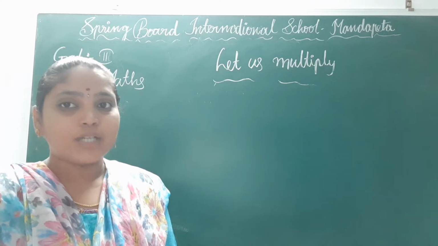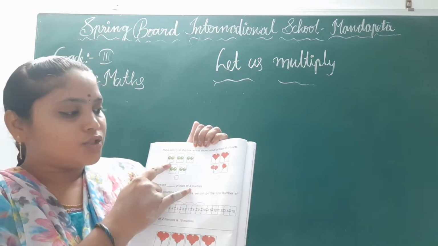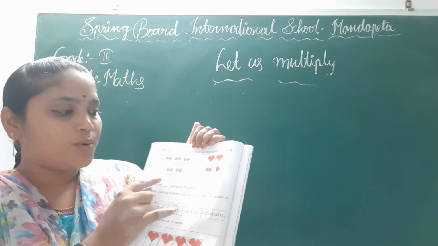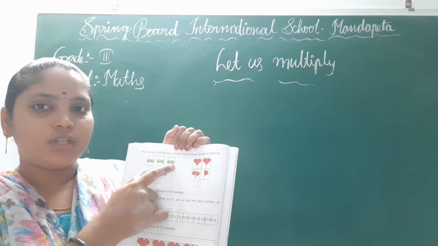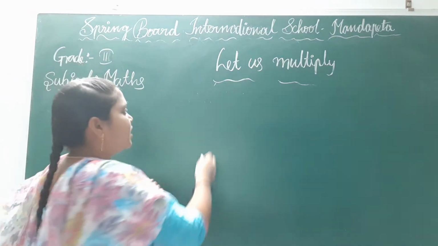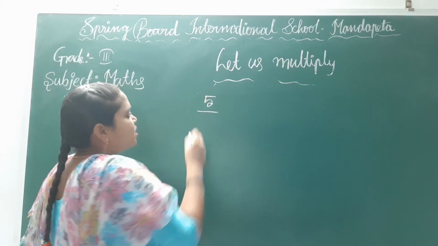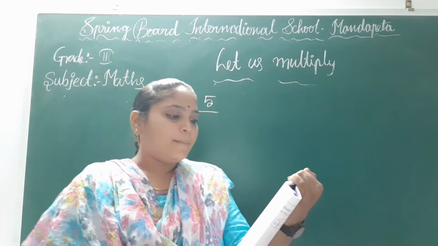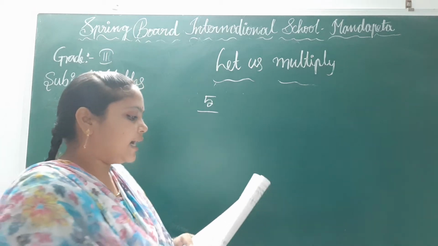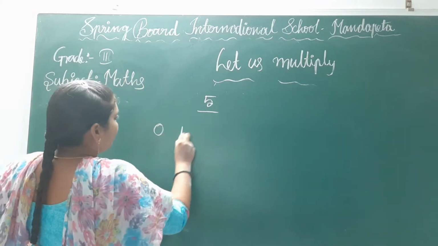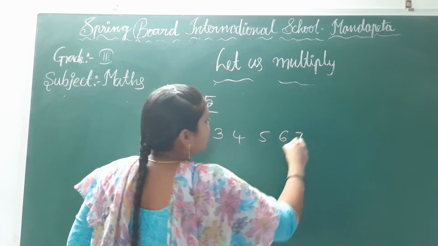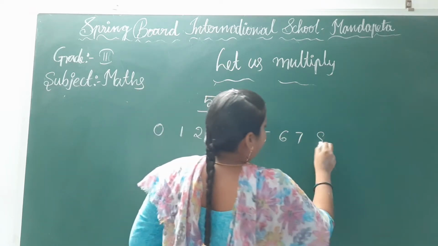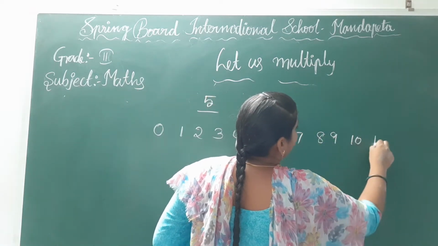There are dash groups of 2 marbles. So here each group has how many marbles? 2. And how many groups here? 1, 2, 3, 4, 5. Here totally 5 groups of 2 marbles. By skip counting 5 times in 2s: 2, 4, 6, 8, 10.